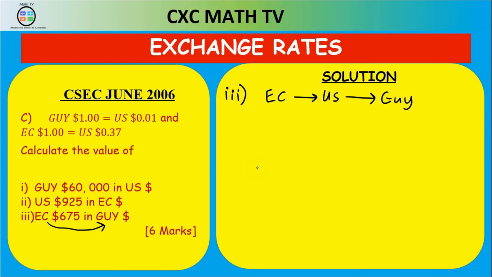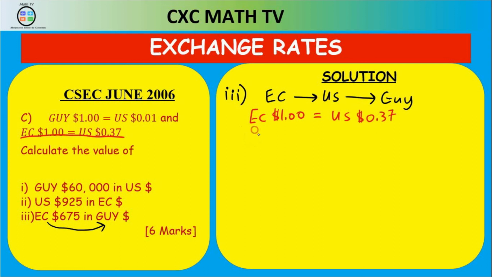Now the question looks easy. So now we can start with the exchange rate with EC to US, right? So let's start with that exchange rate. So we know then, of course, that EC $1 is equal to US $0.37.